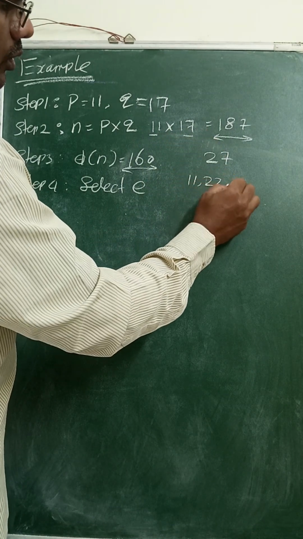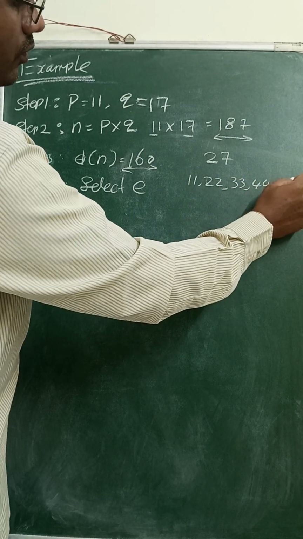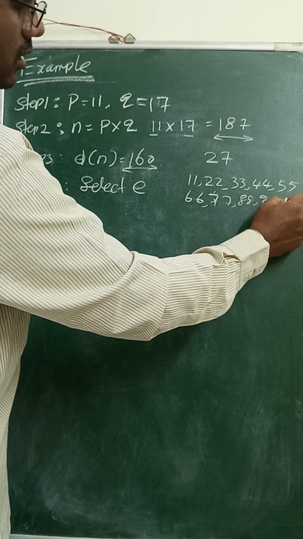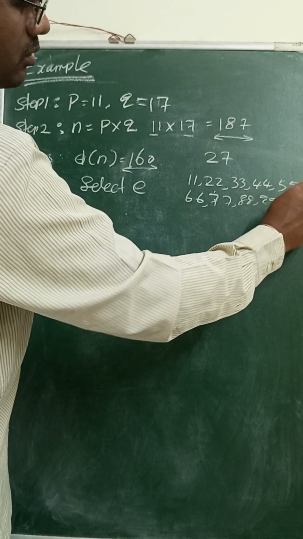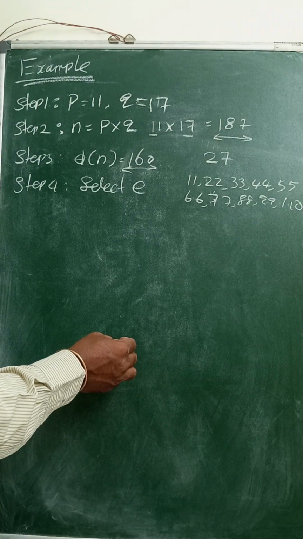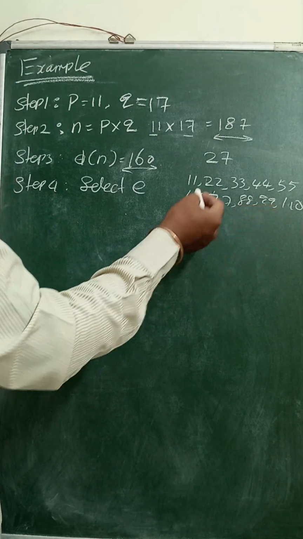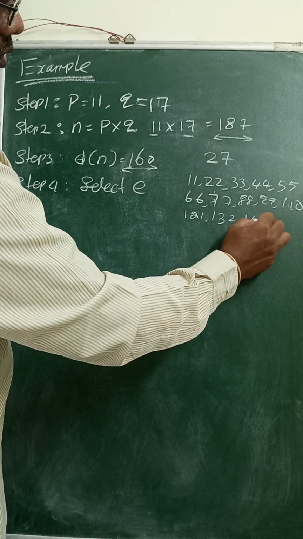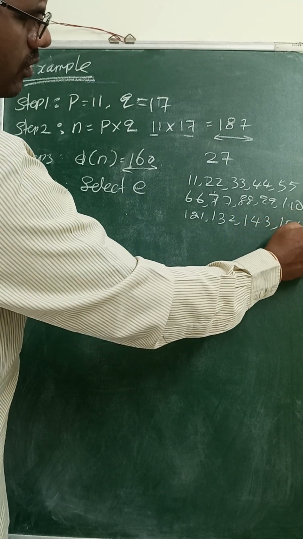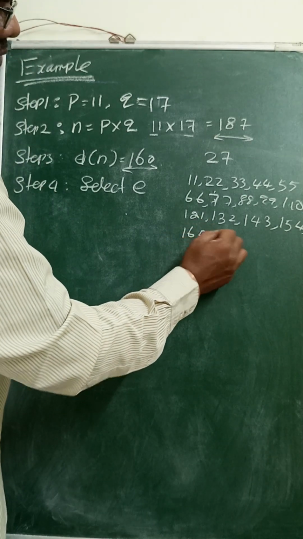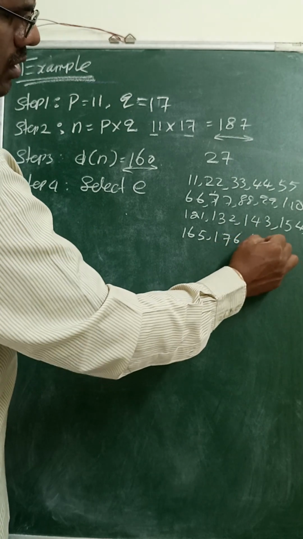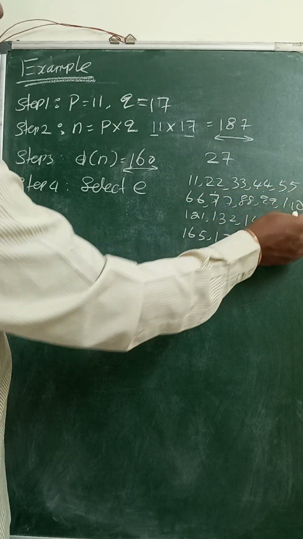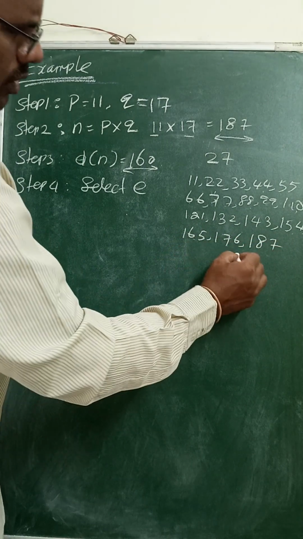That is the multiples of 11. The first prime number is 11, and next 11, 22, 33, 44, 55, 66, 77, 88, 99, 110, 121, 132, 143, 154, 165, 176, then 187. So we are able to find all the multiples of 11.